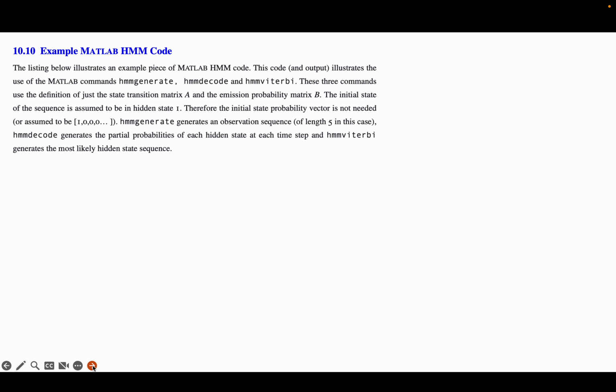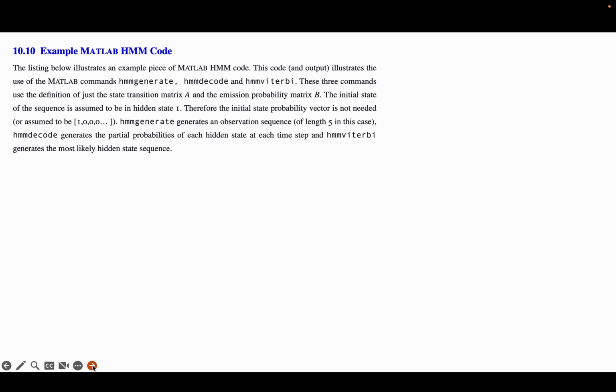These three commands, HMM generate, decode, and Viterbi, use the definition of a state transition matrix A and emission probability matrix B. The initial state of the sequence is assumed to be in hidden state 1, so you actually don't need an initial state probability vector.